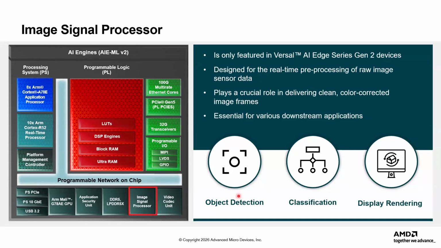I'm talking specifically about the MPSoC implementation. Your pre-processing means everything from color balancing and correction to cropping the image to the exact size that's necessary for your machine learning model. Well, that work can either be done on a processor or it can be done in the programmable logic.